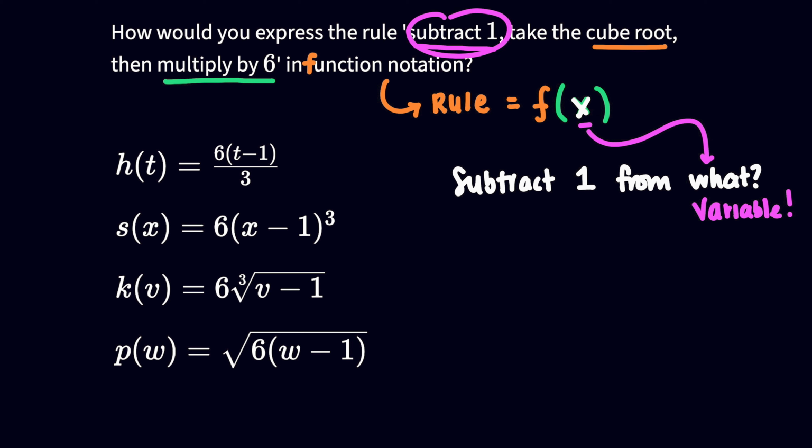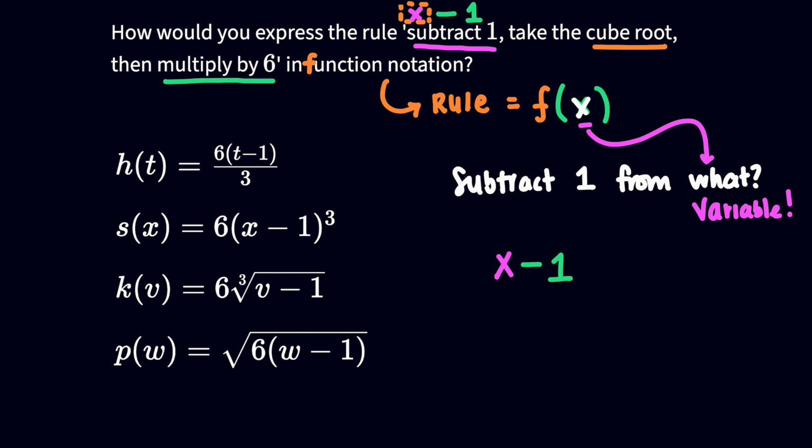Now, in here, they just said subtract 1, which literally means subtract minus, and then comes the 1. Mathematical terms means that if you have a subtraction, you must have something on the left and the right side. So here is telling you where that x value goes. The x, or the variable, has to go in the front. So in this case, it would be x minus 1. So at least we know we have the variable minus 1.